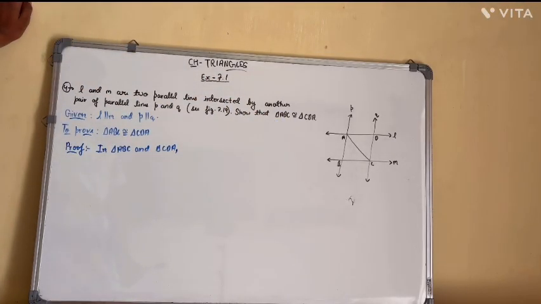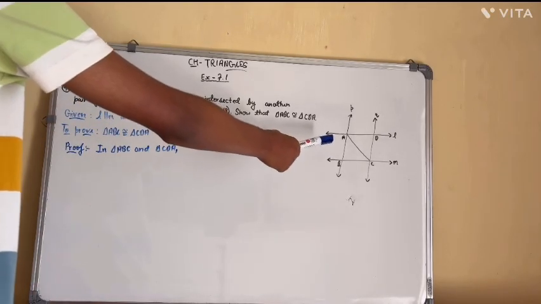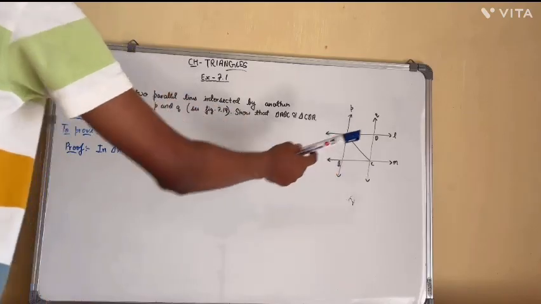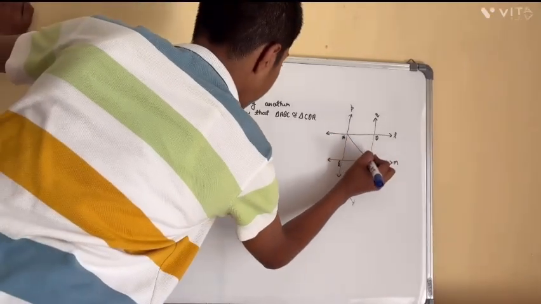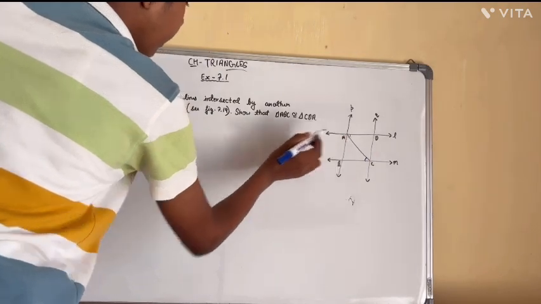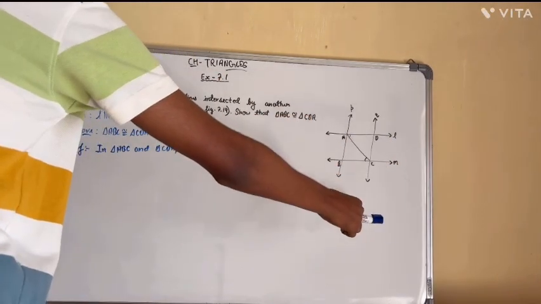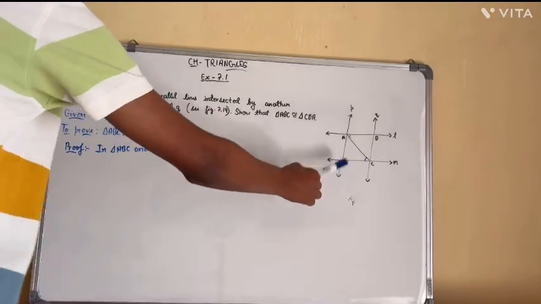So firstly we can say angle, which angle? Angle BCA. This angle will be equal to this angle. Why? Because these are two parallel lines, this is intersecting them, so these are alternate interior angles.